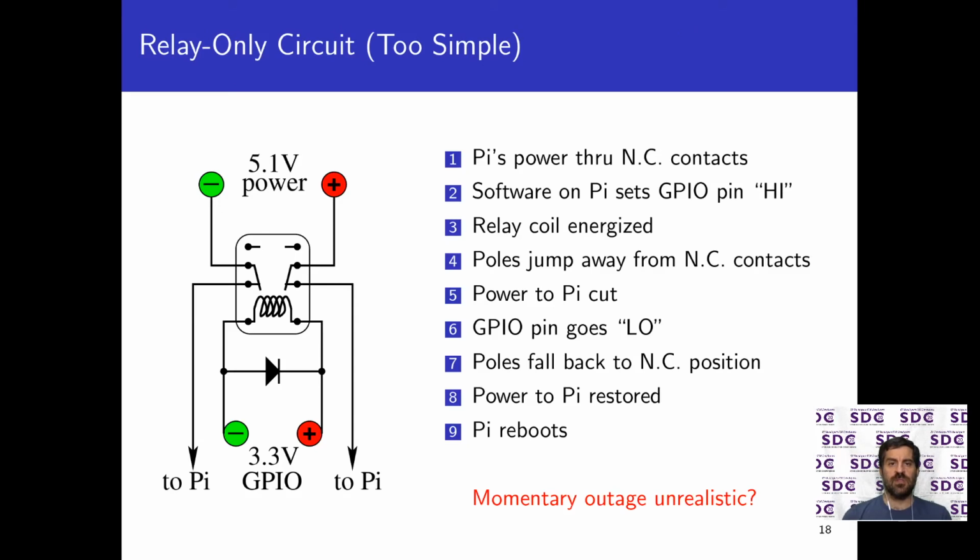Here is the circuit that is too simple. It is just a relay and the usual protection diode that we always place across a relay's coil.